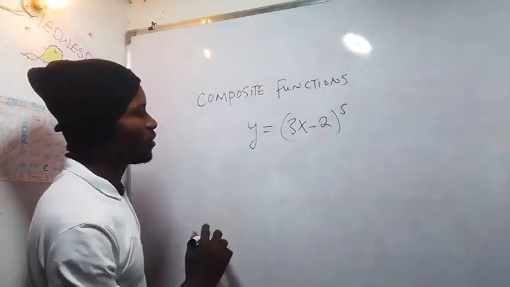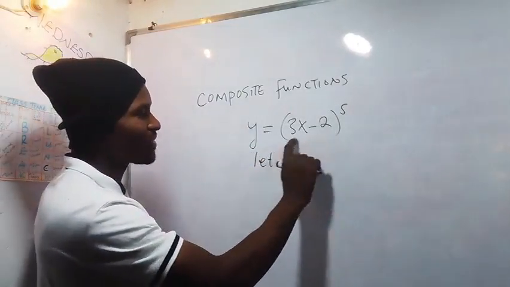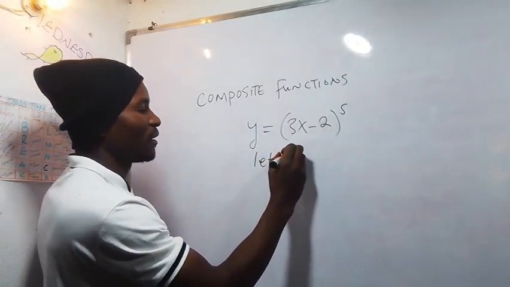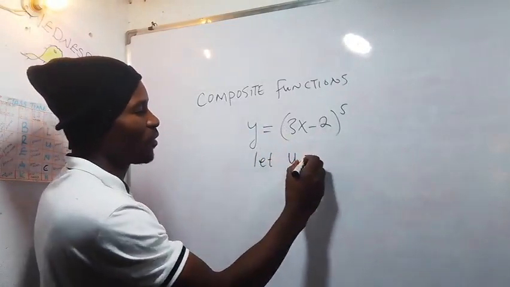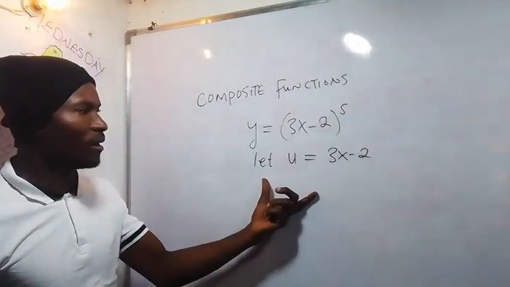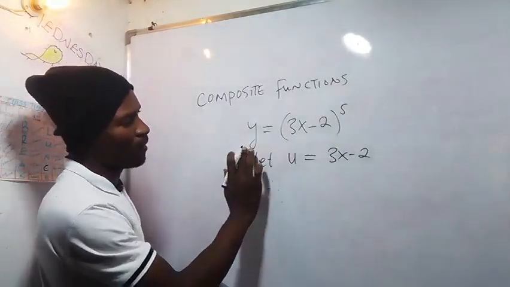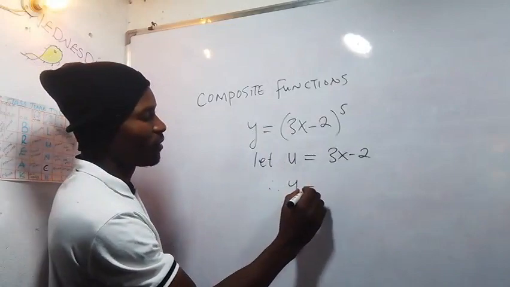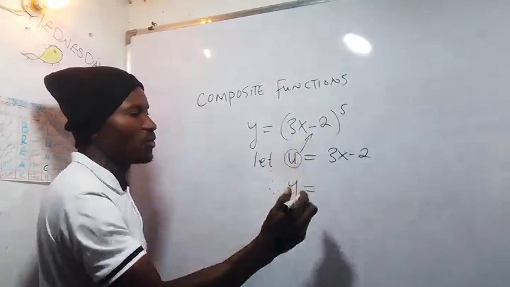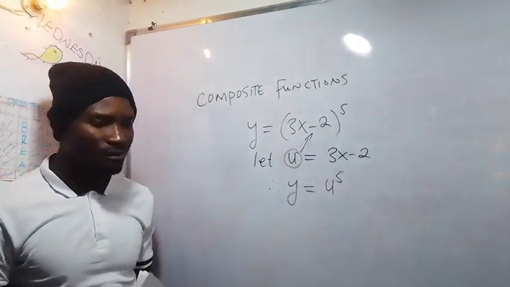What you do is let the term inside the bracket equal u, so let u equal 3x minus 2. Therefore y is now equal to u to the power 5, plugging it back.